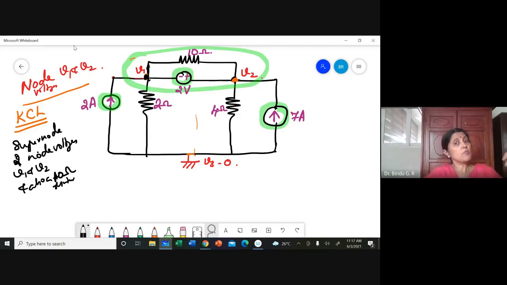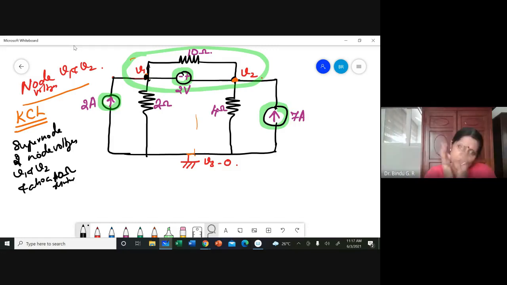In the previous problem, it was different. That 4 ohm was connected across so many other resistors also. In this particular case, V1 and V2 are the two nodes across which a voltage source is connected. So they naturally form a super node, and that super node is connected together with a 10 ohm.